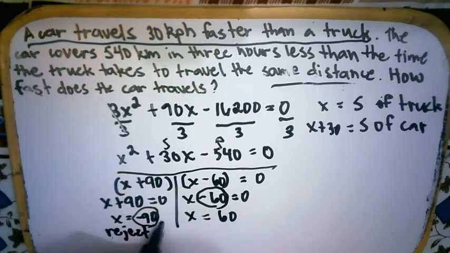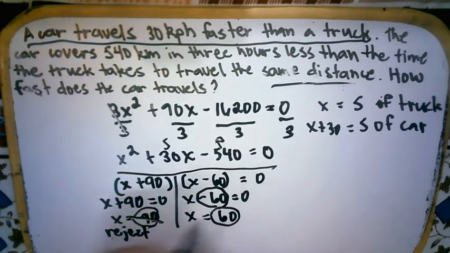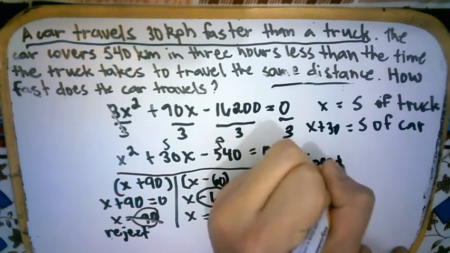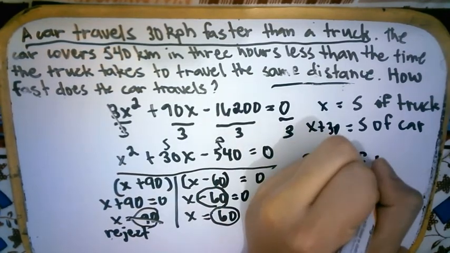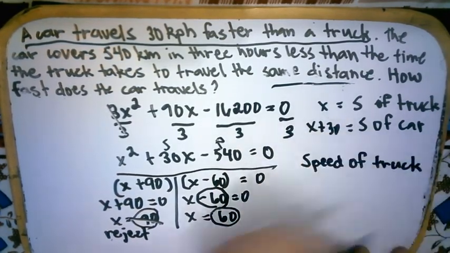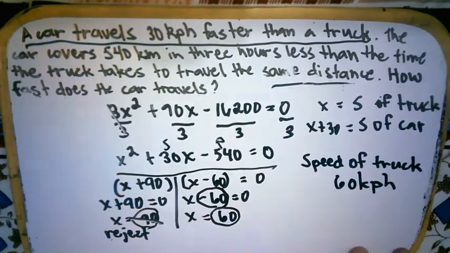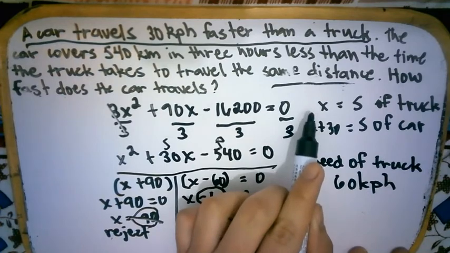So, reject natin yung negative 90 and then we are going to accept 60 since yun yung possible na maging speed ng truck. Therefore, the speed of truck is 60 kph. So, since yun yung value ng x.